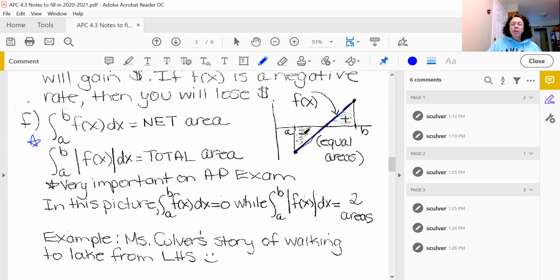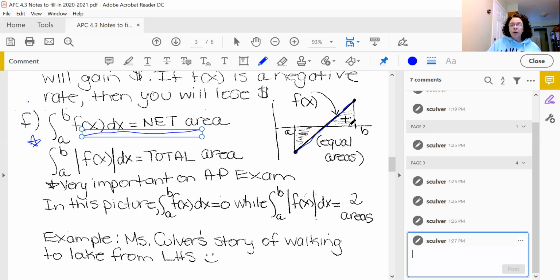And so when you add up these areas, because that's what an integral is, they'll have signs of opposite values and actually net out a position as far as a distance or money, right? And so that would be called your net gain, net loss, net area.